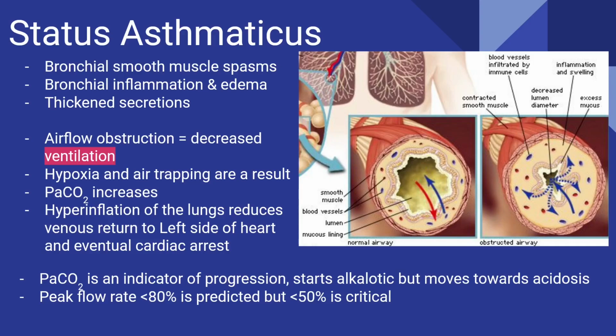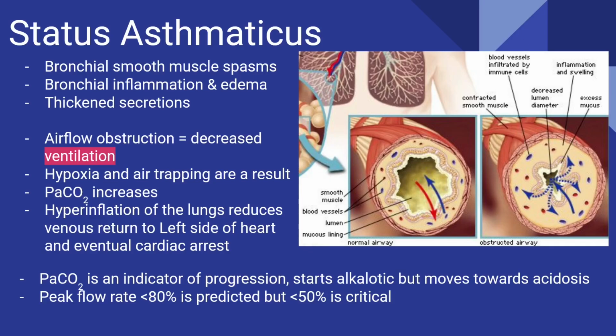And then later, in an asthmatic state, we're going to start to see hyperinflation of the lungs because that air gets trapped. And we're going to have a reduction in venous return as those lungs become higher and higher pressure. It's going to eventually cut off a lot of that blood flow from reaching the left side of the heart.